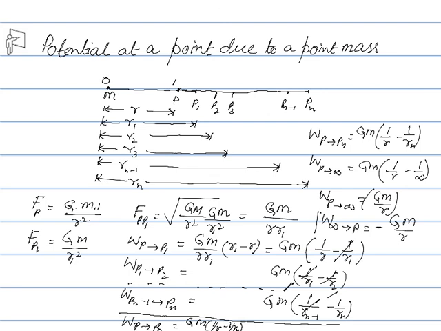This is the gravitational potential at the point P. Thus gravitational potential is minus GM by r, where G is the universal gravitational constant, M is the mass of this point mass, and r is the distance.